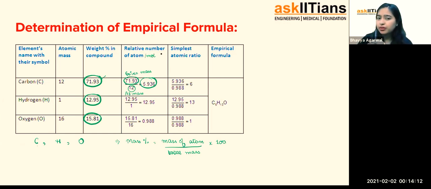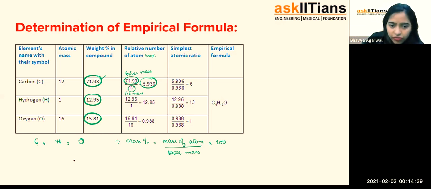Yes. I'm saying that I'm having 5.9 moles of carbon present in 1 mole of the compound, right? 12.9 moles of hydrogen present in 1 mole of compound. Or this is the relative number of atoms.